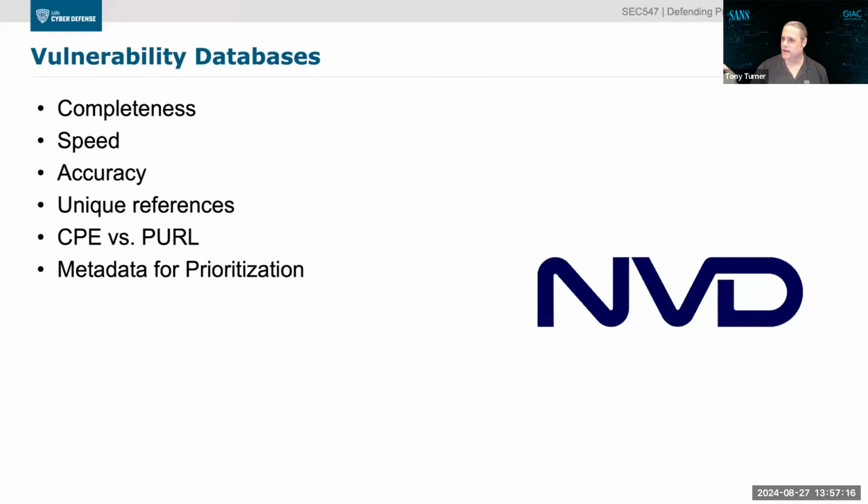Okay. Some of our challenges as we work through this. I'm sure some of you have heard about some of the recent slowness that's coming out of the NVD and the processing of vulnerability data. NVD is not the only vulnerability database out there, but it is certainly the most common one and the one most people turn to for this information.